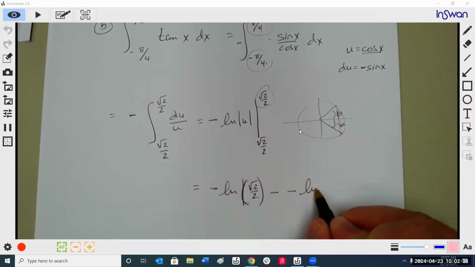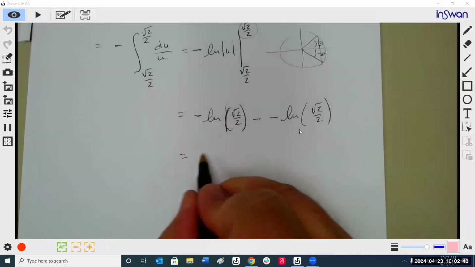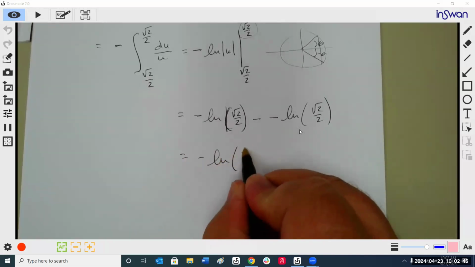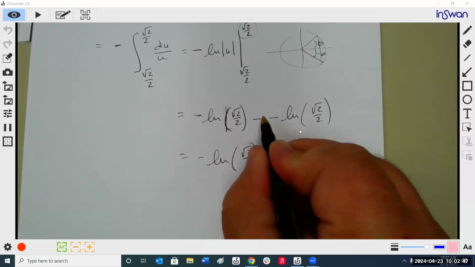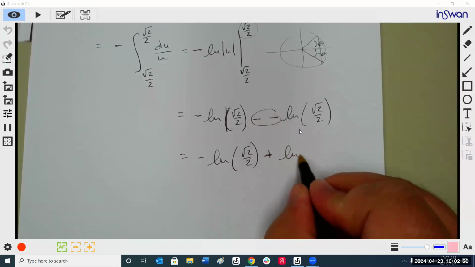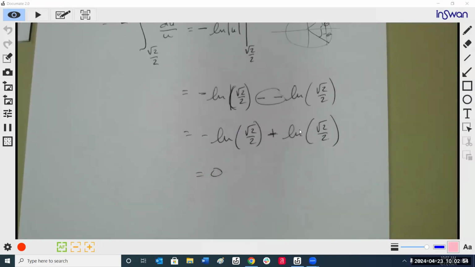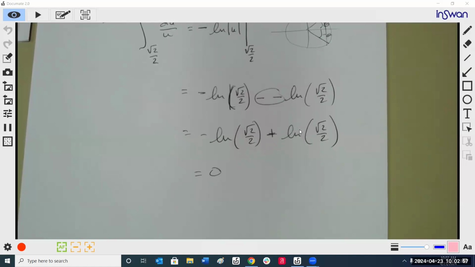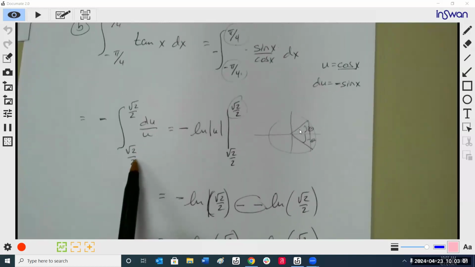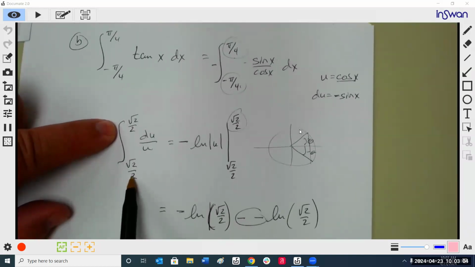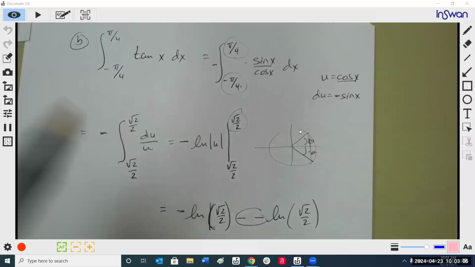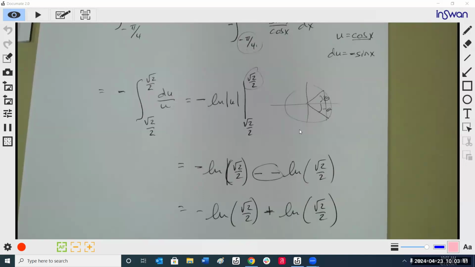Minus a negative ln radical 2 over 2. This becomes plus. It equals 0. Well, we knew that. We could have stopped a long time ago right here. The bounds of integration are the same value. There's no domain. So there's no area between a single line.